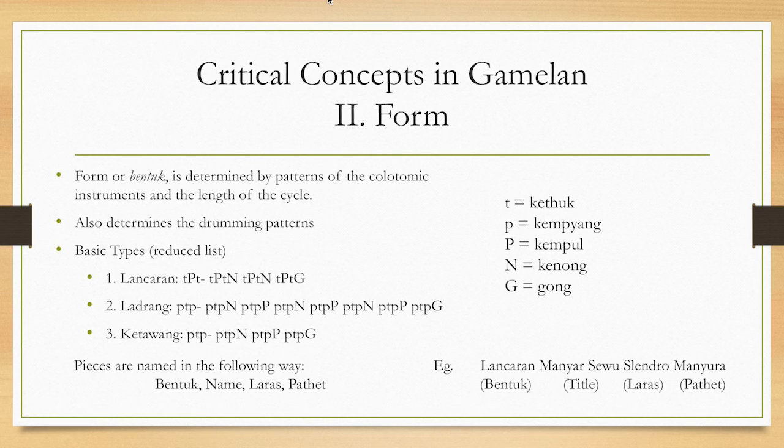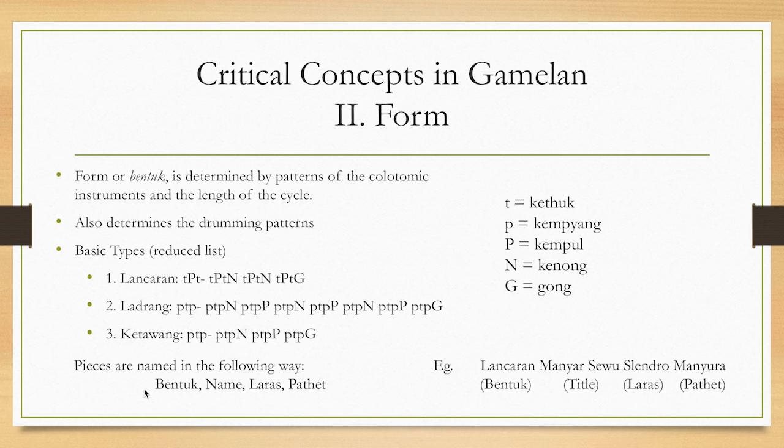But don't worry too much about memorizing this. In a moment, we're going to come back and listen to another recording of Wilujeng, this time with the colotomic instruments added in, so we can get a sense as to where we are in the cycle. In particular, I want us to focus on the location of the large gong.